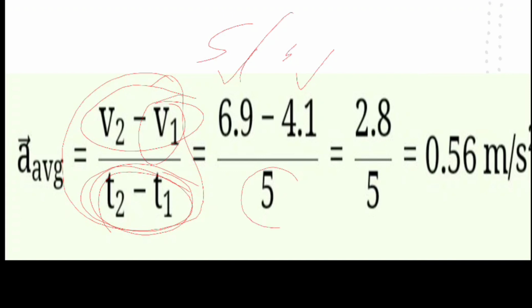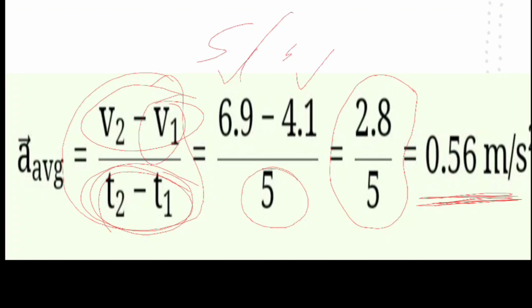So the time t2 minus t1 will be 5. By calculating this, 2.8 by 5 we will get 0.56 meter per second square. The answer will be 0.56 meter per second square. Here you should know that acceleration equals velocity by time. This is the main and important formula. Let's see the next question.